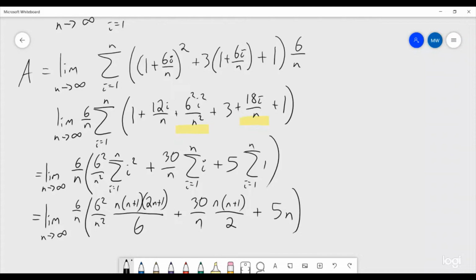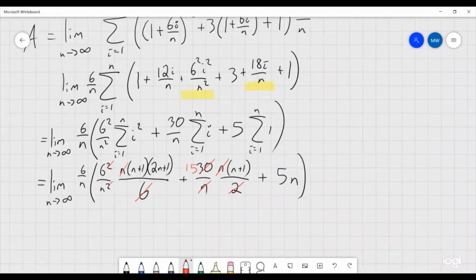And now we need to figure out what this limit is as n goes to infinity. Well, let's simplify a little bit first. So 30 over 2, that leaves us with a 15 up here. Let's see, we can cancel this n with one of these n's.